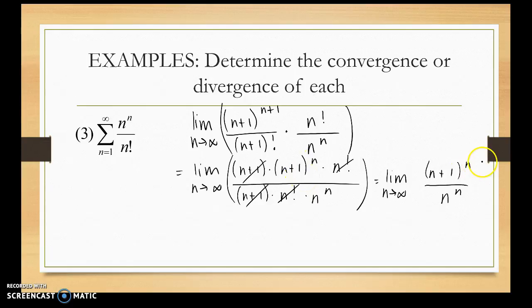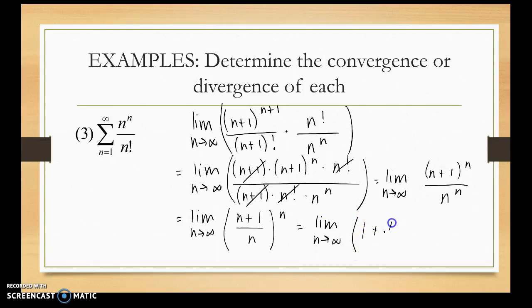So when I compare these, though, they're both being raised to the n power. So I can write that with a single exponent to the n. And now when I simplify one further step, this becomes 1 plus 1 over n to the n power. This is the limit that we've discussed.